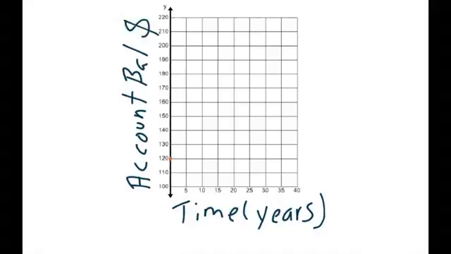Then we go to 129, then 10 is 139, 15 is 150, 20 is 162, 25 is 175, then 30 is 188, and 35 is 203, and then 40 is 219. And then we can connect those dots.